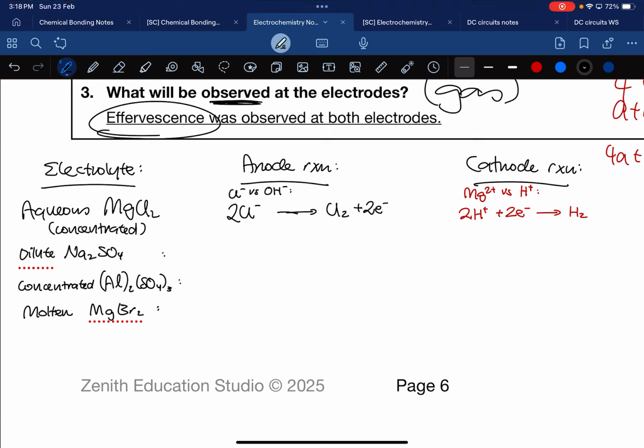Okay, I find P1 and C so far. Good, carry on. Everybody knows that sulfate doesn't get discharged. I don't know. I just want the person to do it.